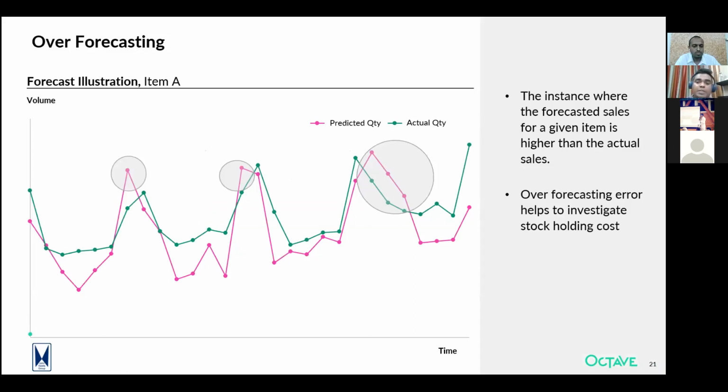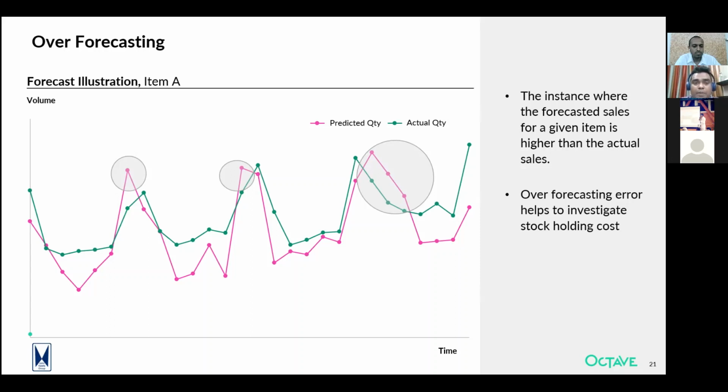Over forecasting means, let's say for ginger beer, your model says the sales is 200 units for next week, but the actual sales is 100. That means your model over forecasted, right? So the error you are getting from that is the over forecasting error.